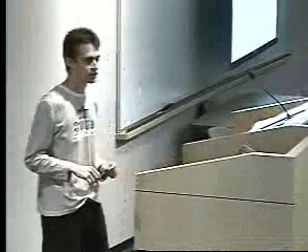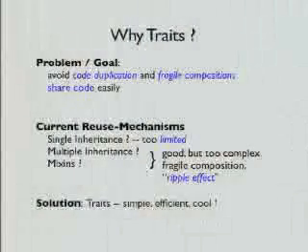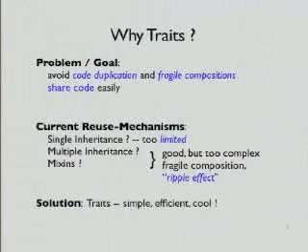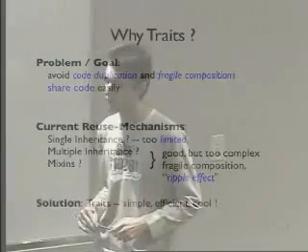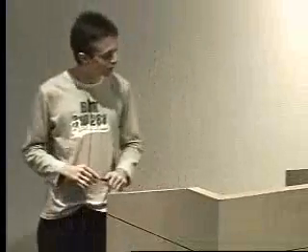If you want to share code, then we have to push the code up in the hierarchy, and that's not so nice from the concept of object orientation. Then we also have multiple inheritance, but that's not much better. It's just too complex to realize, although the concept is actually pretty nice. It's not much better with mixins.